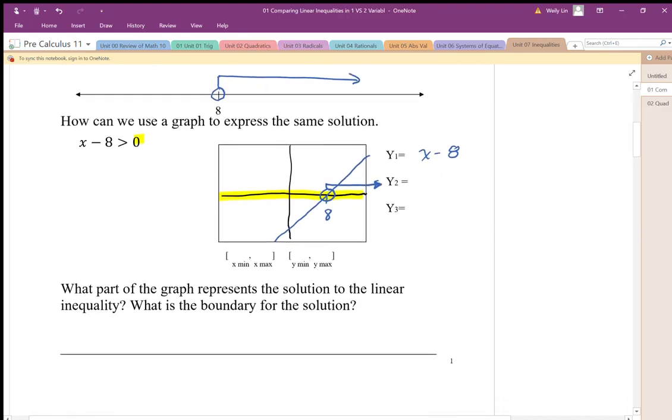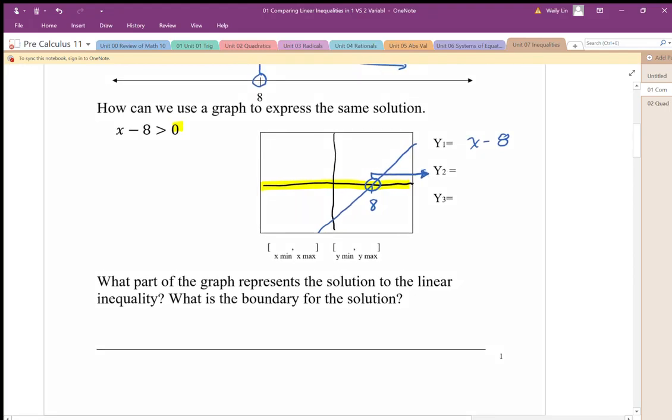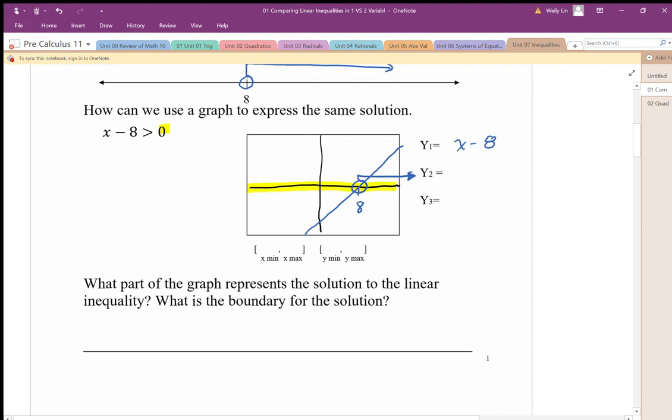The part of the graph that represents the solution to the linear inequality is going to be the part above the x-axis. This part here above the x-axis represents the solution part of this line, and we express the solution along the number line.